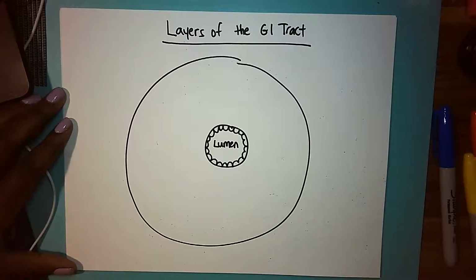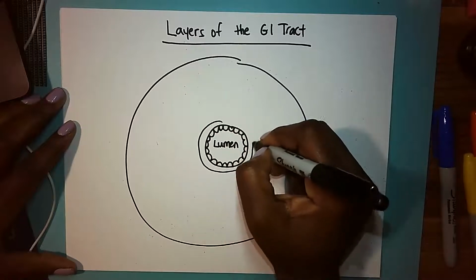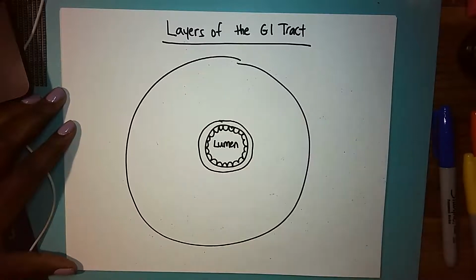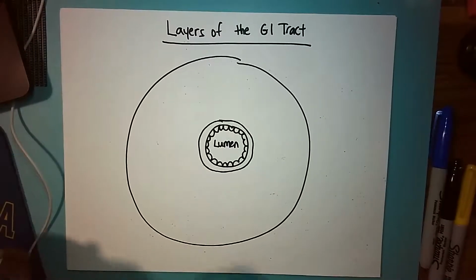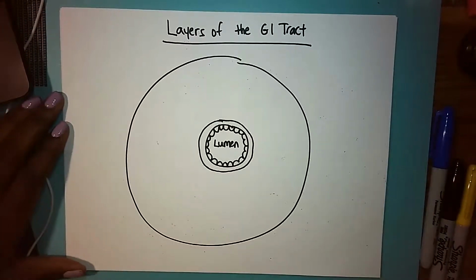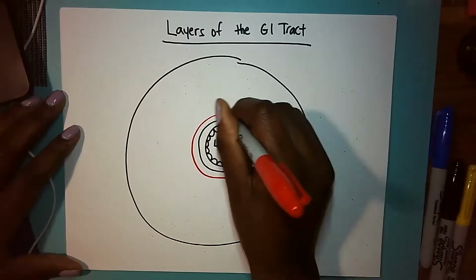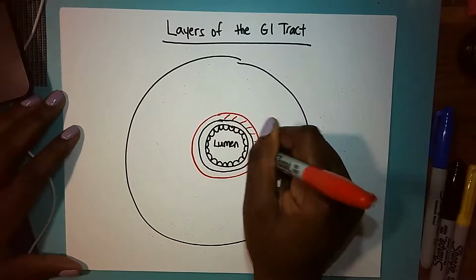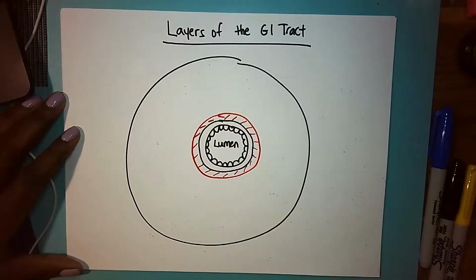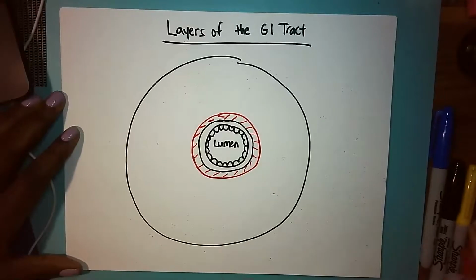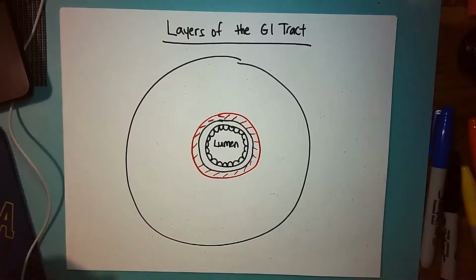We've got the epithelial layer, then we also have a thinner layer outside, and then a thicker, small layer of muscle here, okay? And I'm going to draw the muscle in red so that we can distinguish it from the epithelial surface. So these three layers form the mucosa, okay?